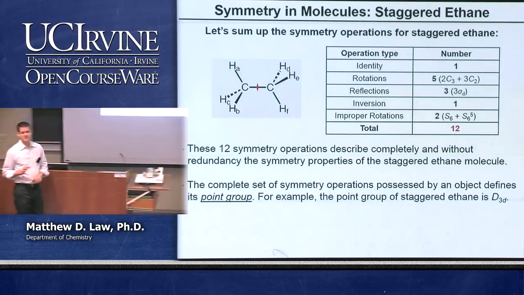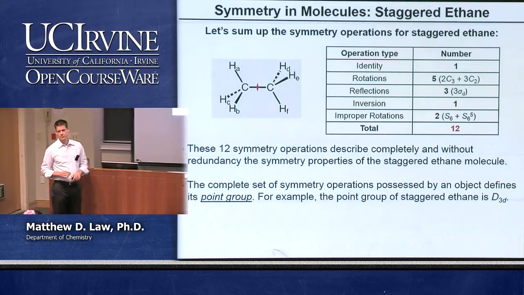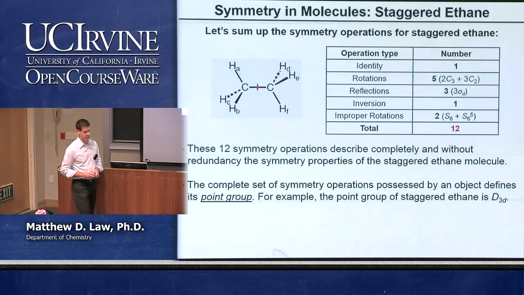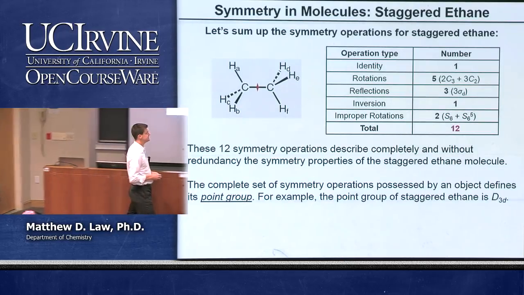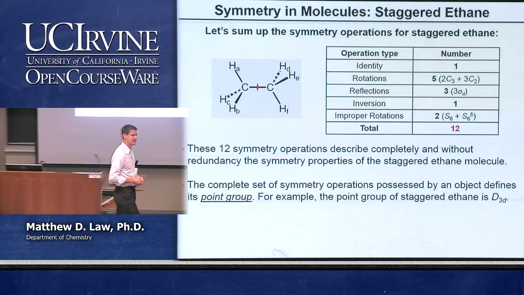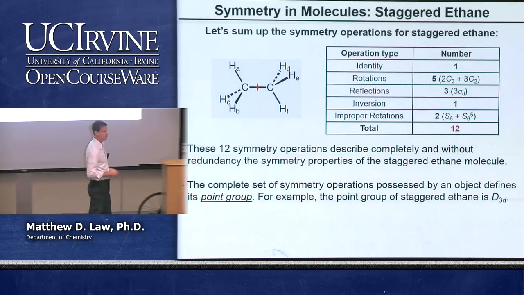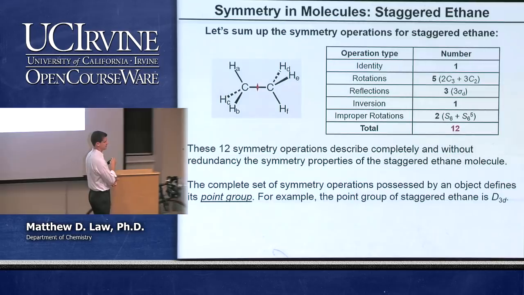The complete set of symmetry operations for a molecule or an object, we call this the point group of the molecule or the object. And we'll describe how we can categorize point groups in a little bit. Just to give a prelude here, the point group of staggered ethane is so-called D3d. Okay? We would say it has D3d symmetry, or it belongs to the D3d point group. Okay? That's what we would say about staggered ethane.